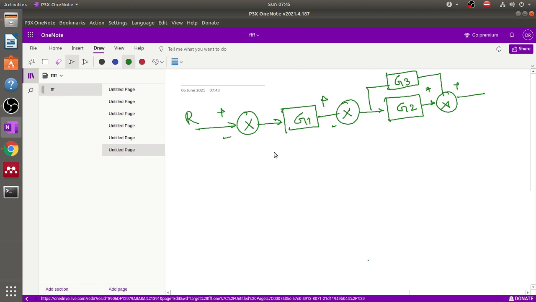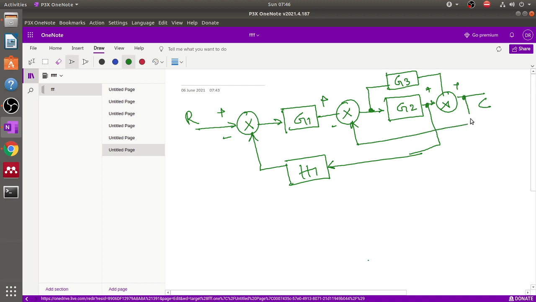This summing point, this is H1. Okay, this is a feedback, and this feedback is coming from the output of this amplifier. This is our C, and this is one takeoff point, and here one feedback is coming from the final output. Okay, so now these are the block diagram.